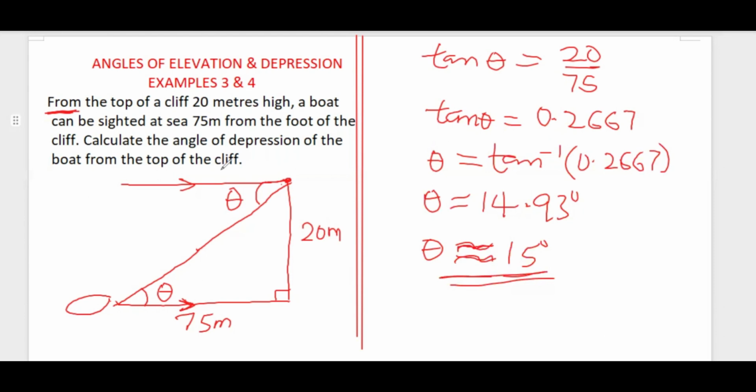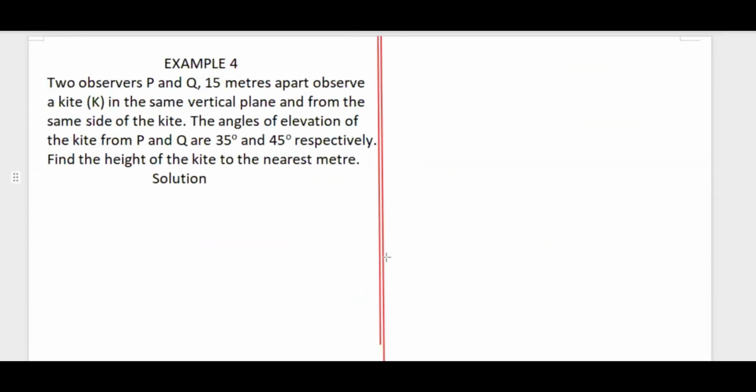We quickly, without wasting time, move on to the last example on this concept. To solve this problem, we are given there are two observers, P and Q. Their distance apart is 15 meters, and both of them observe a kite K in the same vertical plane and from the same side of the kite.